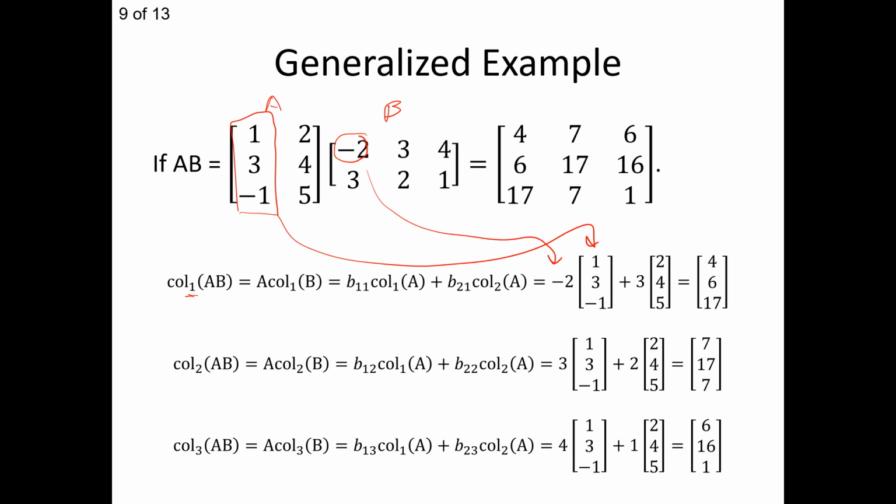Then I keep going because I want the entire column, and that entire column then would be, I take my second element in my first column of B, which is 3, and I pair that up with my second column of A. And by finding the result of this scalar product and then the sum of these two n vectors, I produce, take a look at this, 4, 6, 17. That is the first column of my matrix AB.